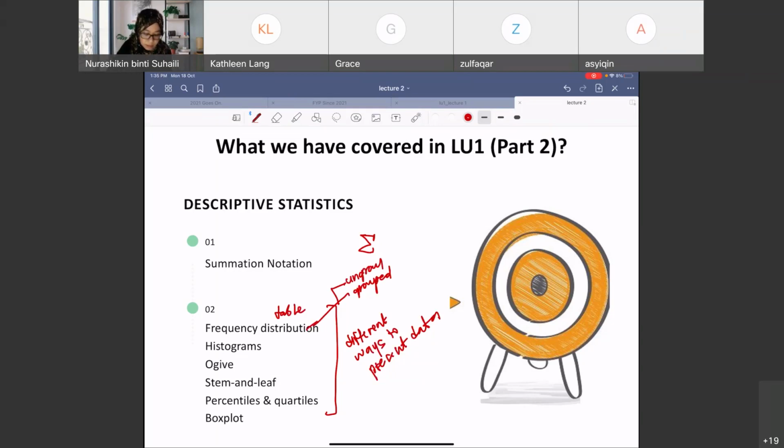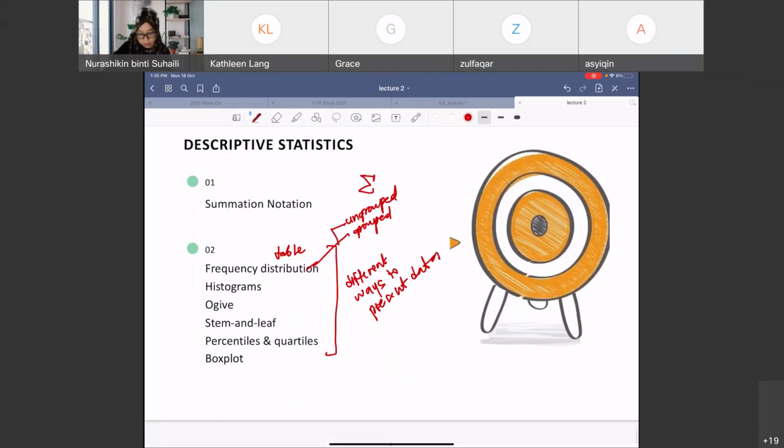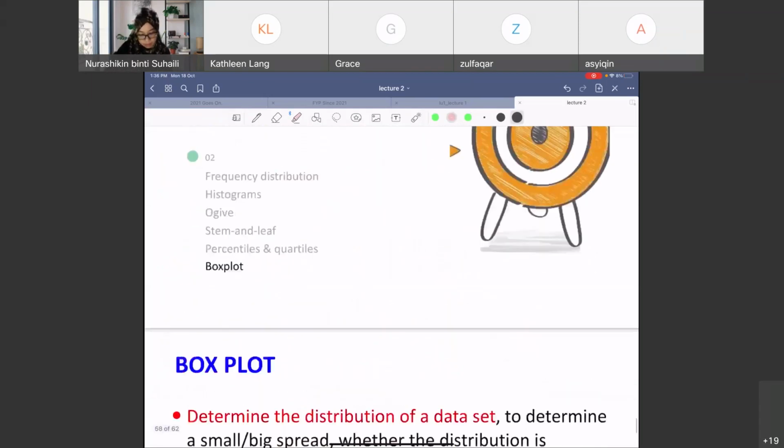And then we have histogram, ogive, stem and leaf, percentiles and quartiles, and box plot. For each of those you have to know, like for histogram, you have to plot what versus what, for ogive what versus what, that kind of thing. Any question?